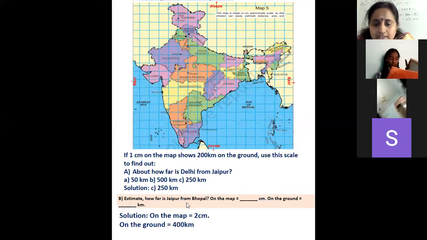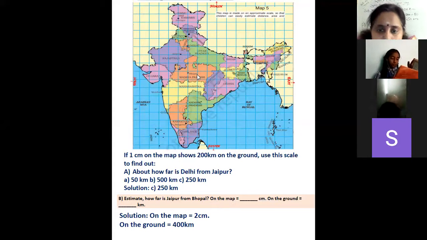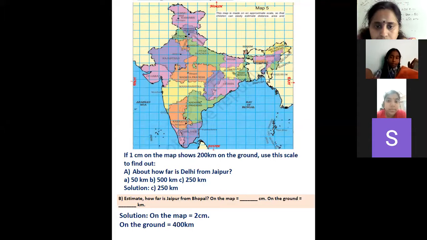Estimate how far Jaipur is from Bhopal. On the map, how many centimeters? Where is Bhopal? It is in Madhya Pradesh. So here it is Bhopal and here it is Jaipur.